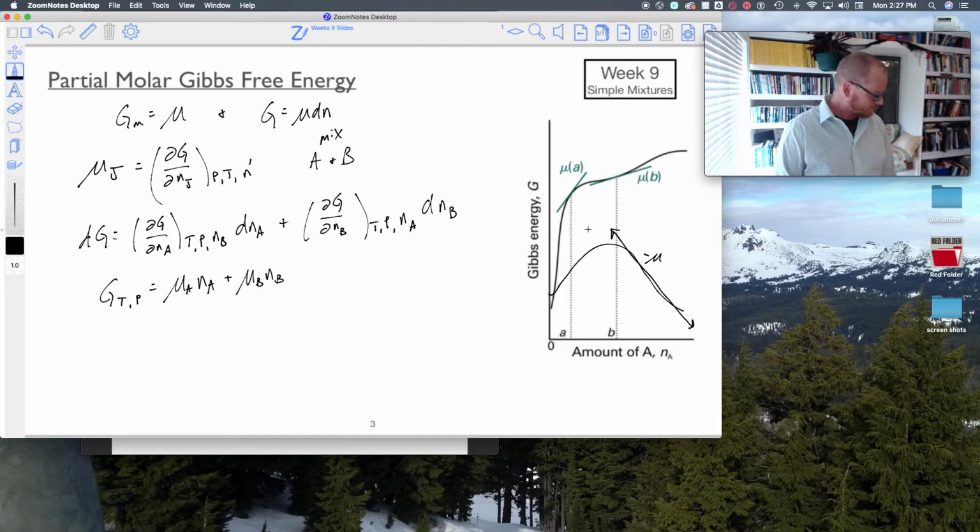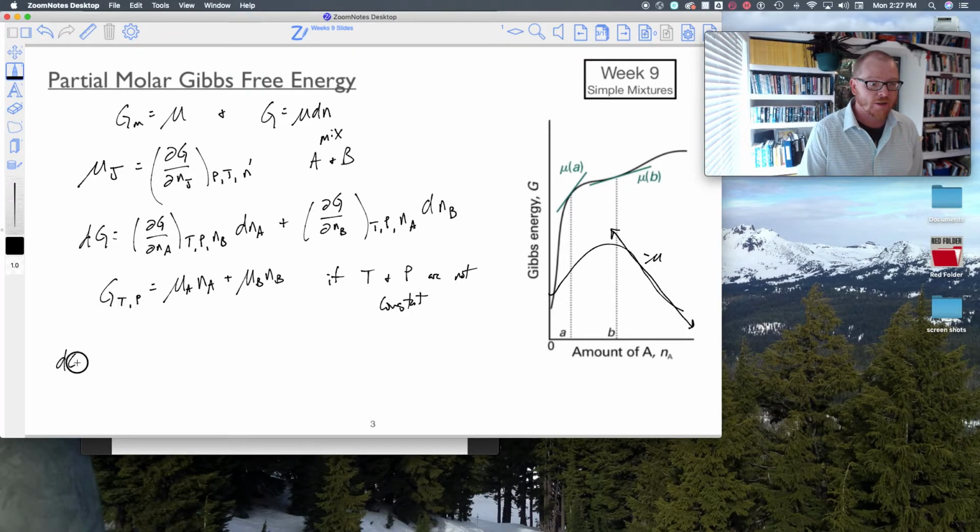Okay. Now there's a really important equation that manifests if T and P are not constant. So if T and P are not constant, we end up with a really important equation in thermodynamics. This goes dG, and we have to remember the fundamental equation that happens when we combine the first and second law.